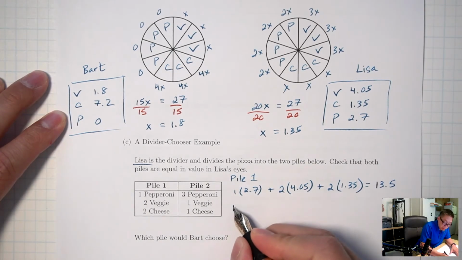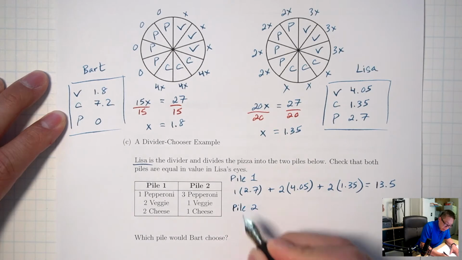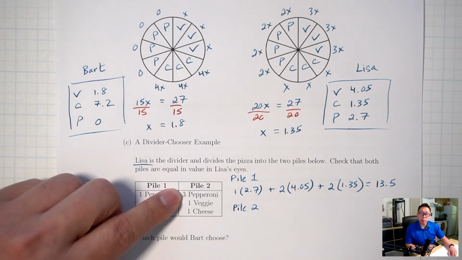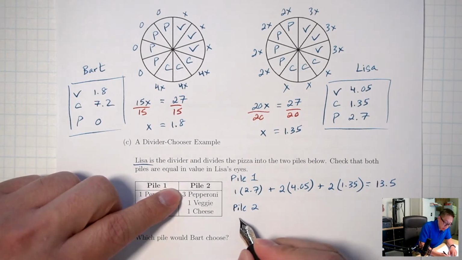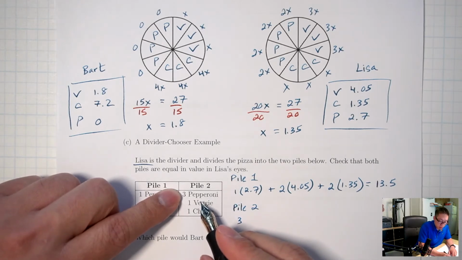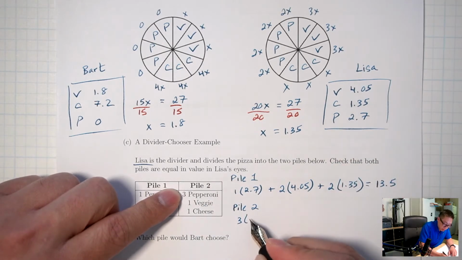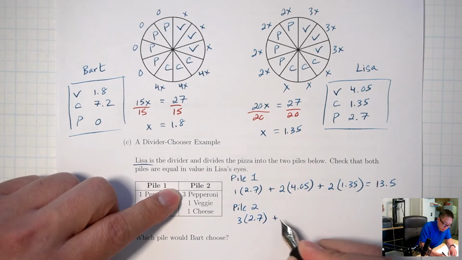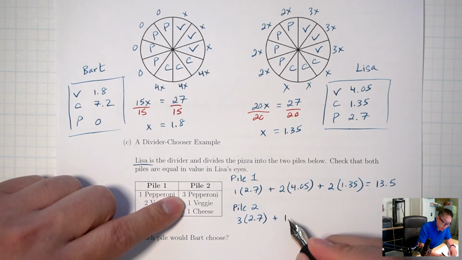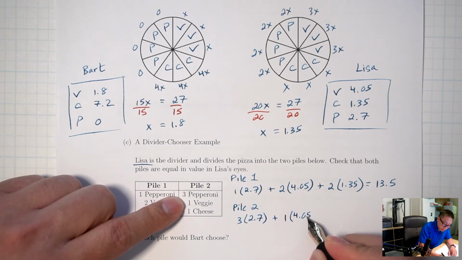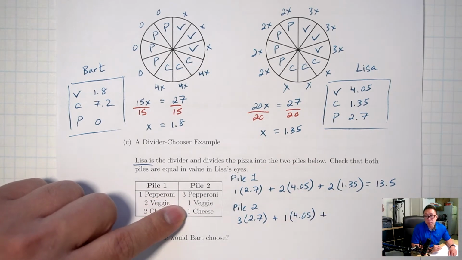Let's check pile 2. Pile 2 has 3 pepperoni. So for Lisa, that's 3 times the value of pepperoni, which was 2.7. Plus 1 veggie. 1 times the value of the veggie, 4.05. Plus 1 cheese.